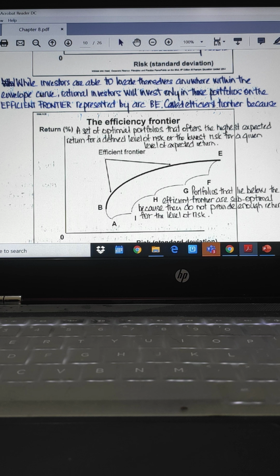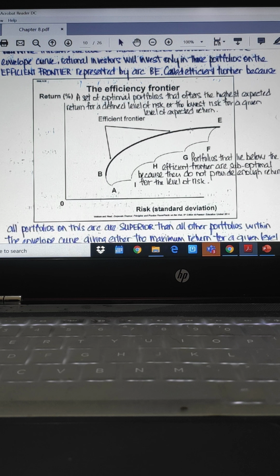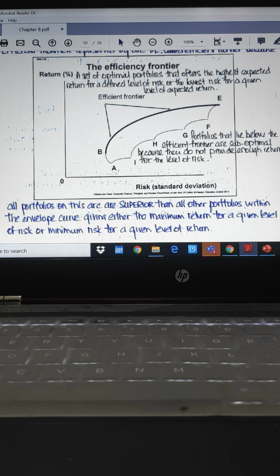It is called efficient portfolio because all portfolios in this arc are superior to all other portfolios within the envelope curve, giving either the maximum return for a given level of risk or minimum risk for a given level of return.